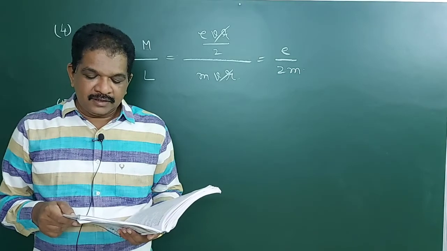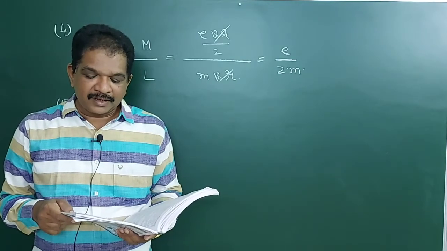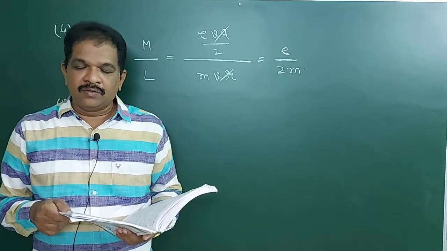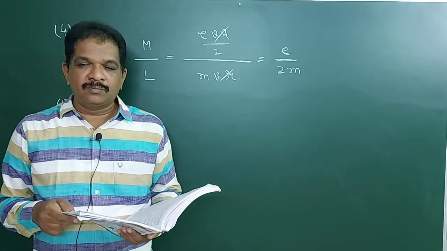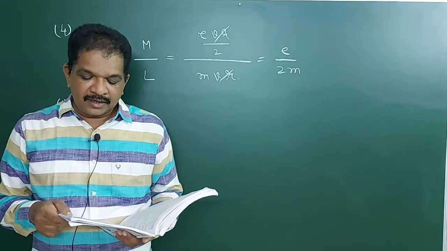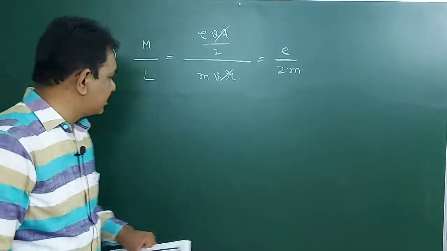Electron energy is 0 for n is equal to 1? No. Electron energy varies as n square? No. E is equal to minus 13.6 by n square. Electron energy increases as n increases, correct. Why?